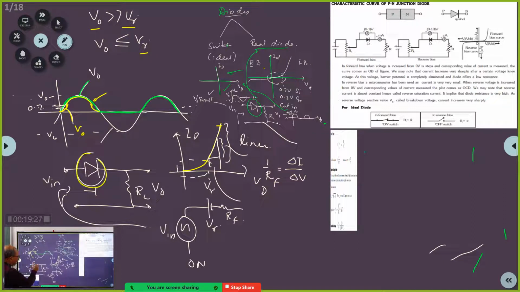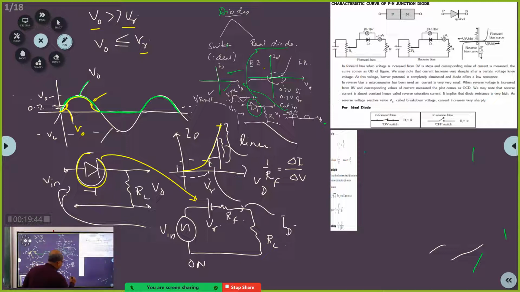That is, I am modeling this diode in terms of circuit elements. Now you see what the current flowing here is. The diode current ID will be equal to V in minus V cut-in, divided by R plus RF. Got it?